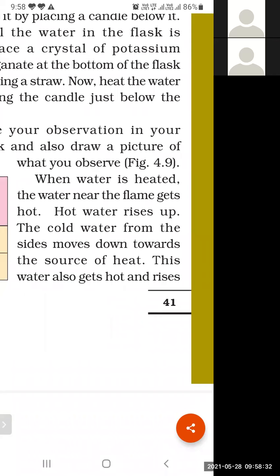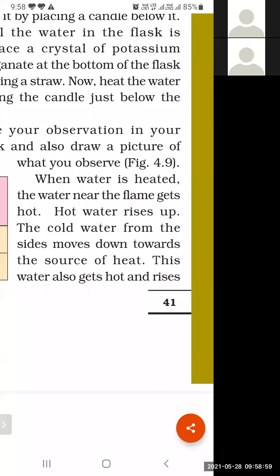First, the water becomes hot and rises up. The cold water from the side comes down, gets some heat, becomes hot and rises up. And the cold water from the side comes down, gets some heat, becomes hot and rises up. So students, this phenomenon will take place.